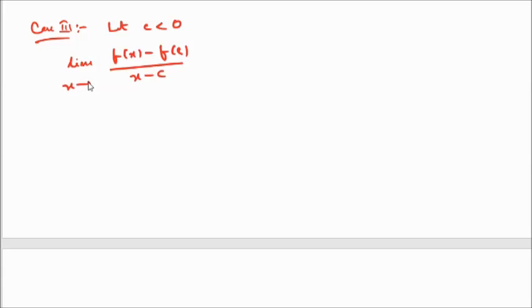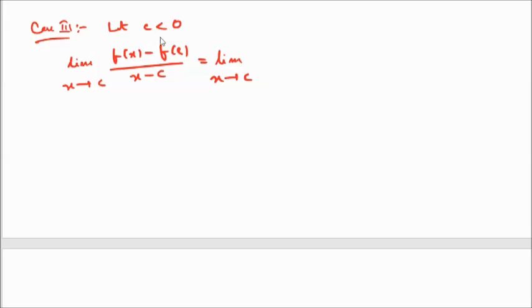Now case number 3. Let c is strictly less than 0. Then limit of f of x minus f of c by x minus c, x tends to c, will be limit x tends to c.